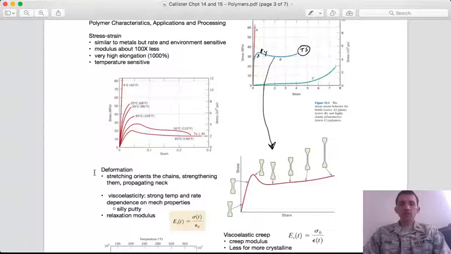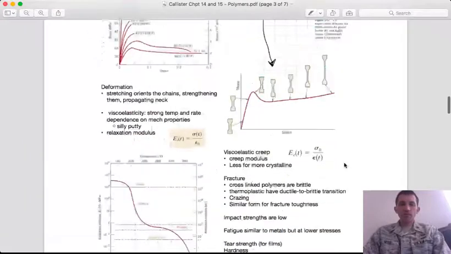differently than metals in the fact that as it deforms, the region of the tensile test that starts to neck here at yielding actually gets stronger, right? Remember, if you recall, in metals, that neck became the weak point and had a reduced cross section and continued to deform and become more narrow, and eventually it fractured.